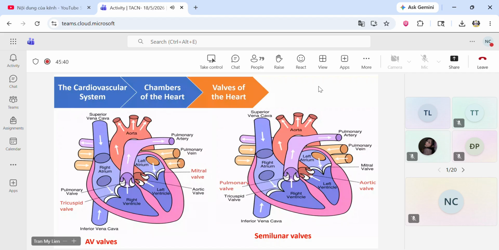4 valves of the heart, including AV valves and semilunar valves.